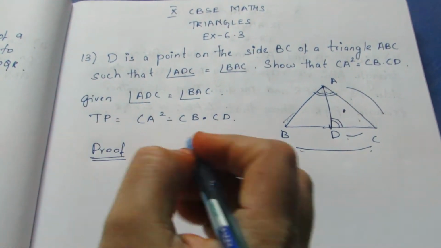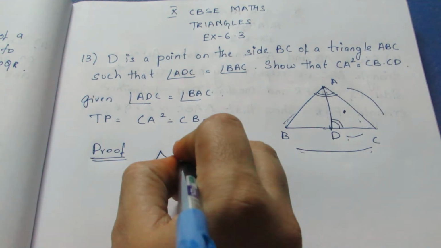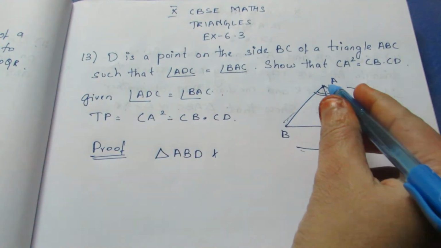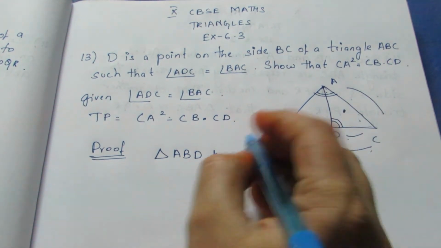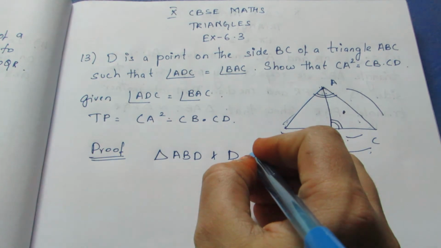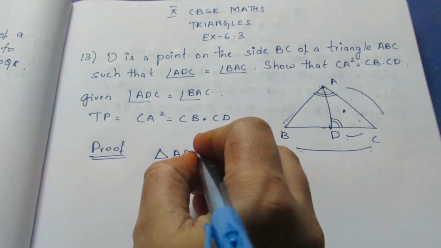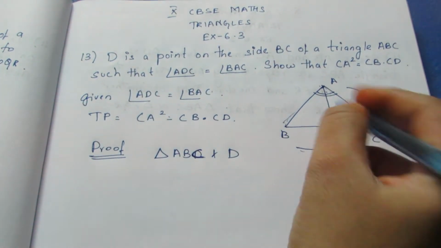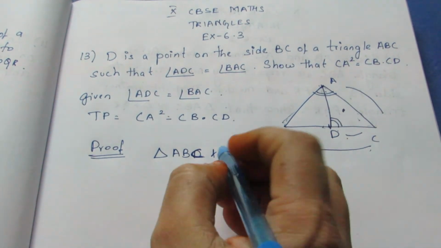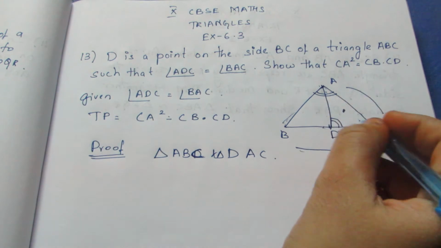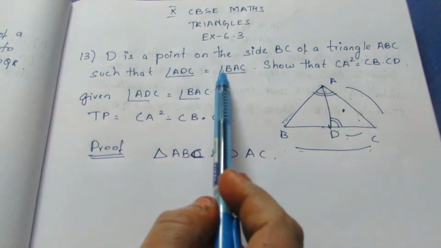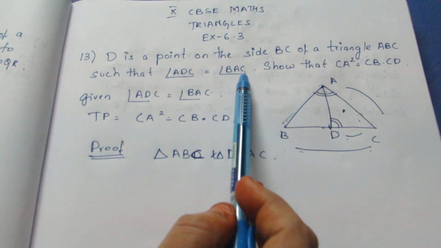I'm going to prove similarity of triangle ABC and triangle DAC. Otherwise, if there is confusion in writing, just write these two as triangle ADC and triangle BAC.